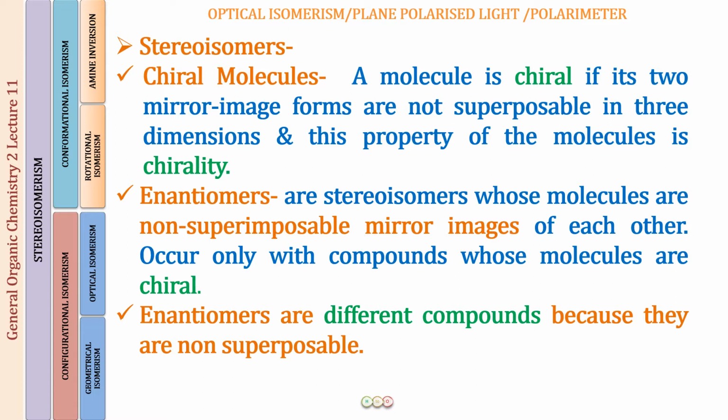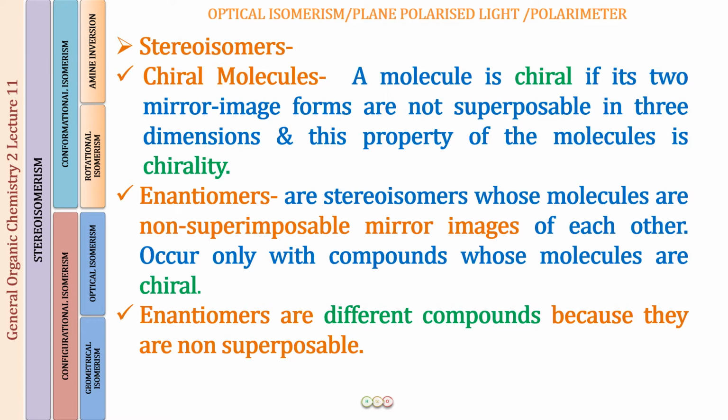What about their physical and chemical properties? We have defined isomers to have the same molecular formula but different properties, and we have learned this to be true for the structural or the constitutional isomers, and also it was true for the geometrical isomers, the cis and the trans isomers. You learned that their melting points are different, their boiling points are different, their solubilities and refractive indices are different.